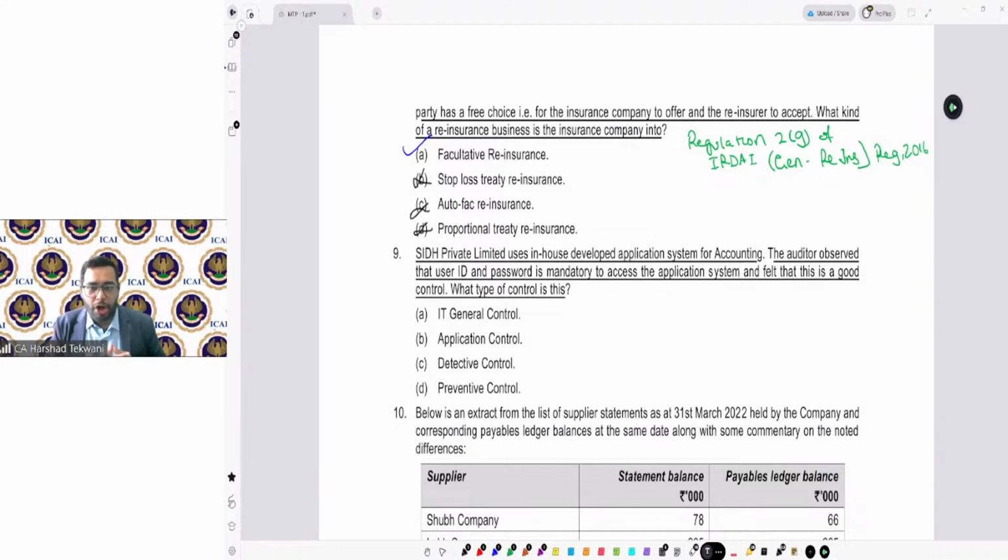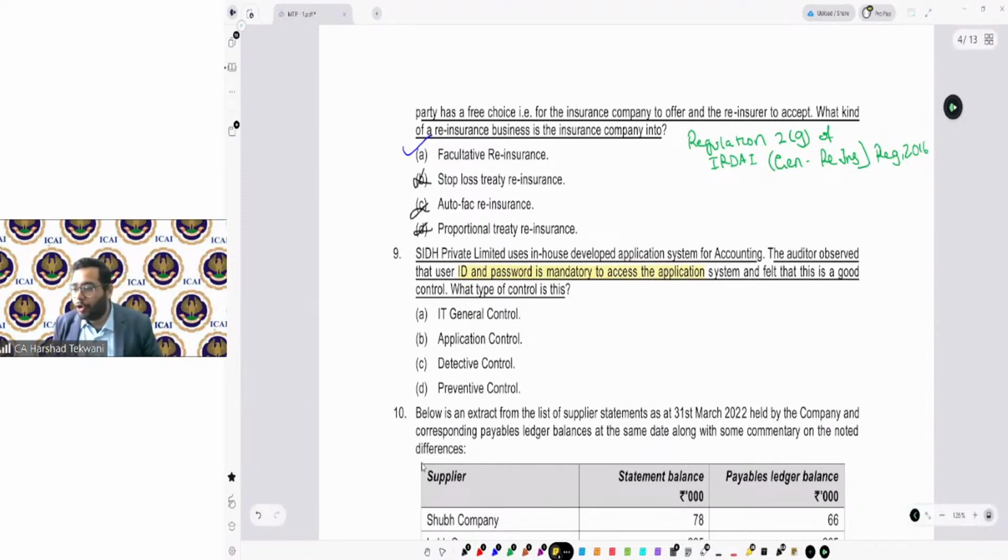So the auditor observed that the user ID and password are mandatory to access the application system. Which kind of control do you think it is? Providing user ID and password is mandatory to access the application.